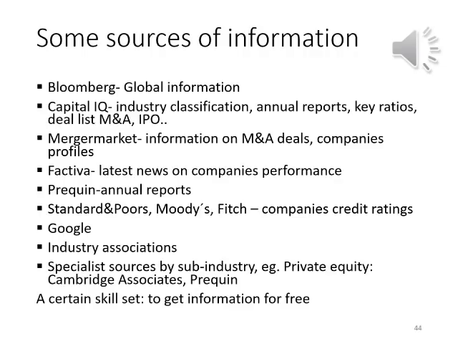For example, for private equity, Cambridge Associates and Preqin are very big sources of information. One of the main skill sets for any good analyst is where to get information for free.